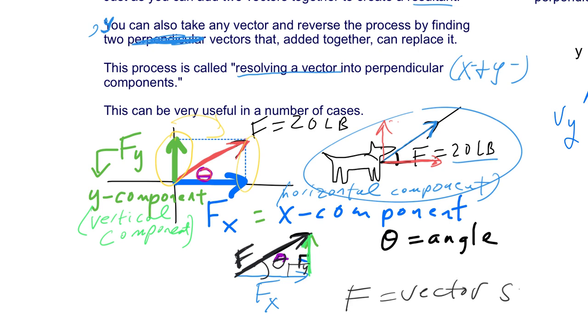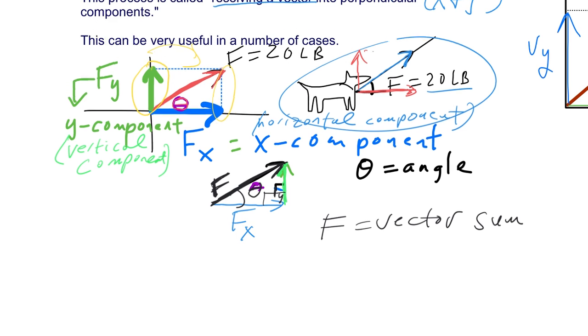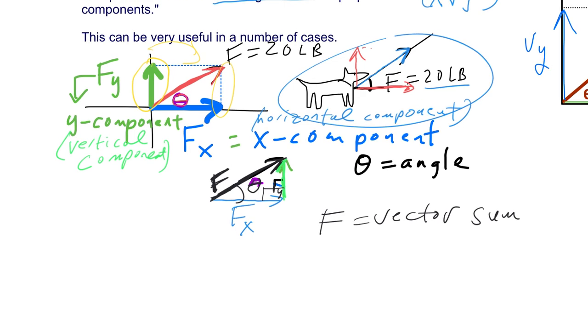Or the resultant force, or whatever vector it is. You can do this with velocity, you can do this with acceleration, you can do this with displacement, any vector. So F is a vector sum of its x and y components.